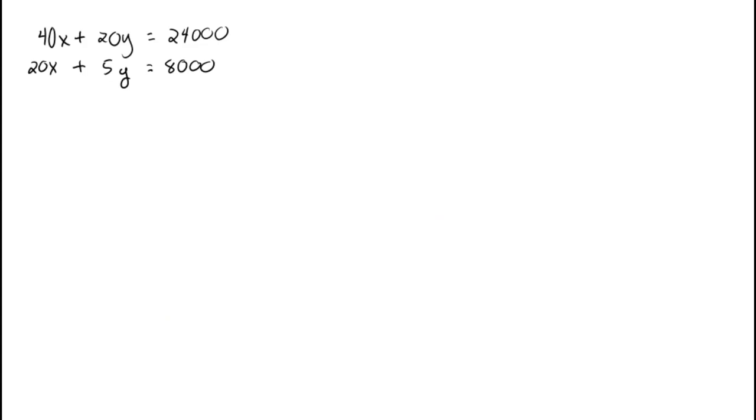All right, I'm going to solve this using the addition method, and so I'm going to get my y terms to be opposite. In order to do that, I'm going to multiply my second equation by -4. So for the sake of showing what I'm doing, I'm just going to bring this equation over as is.